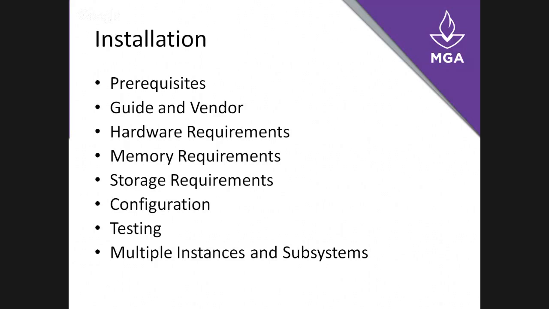Now, as far as multiple instances and subsystems, I talked about this with having a Macon State College system, a Middle Georgia College system, having a Banner production system that we currently have for Middle Georgia State. And all of these take up space, and they all share resources. And then we have a test environment that's on another server.